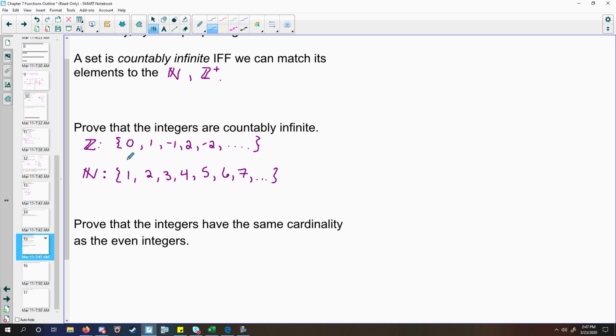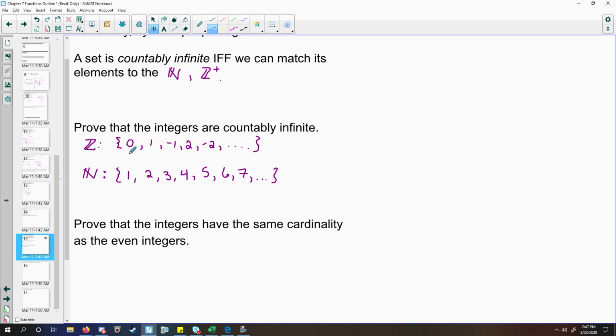Now, once you have that list, what does it mean to have a bijective map? You're mapping from your domain, which in this case is going to be the integers, to our codomain of natural numbers. For it to be bijective, each input can only go to one output, and every value in your codomain must be used eventually.